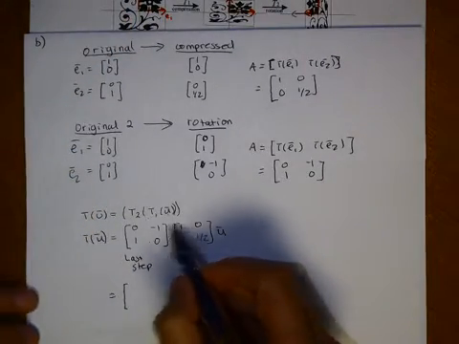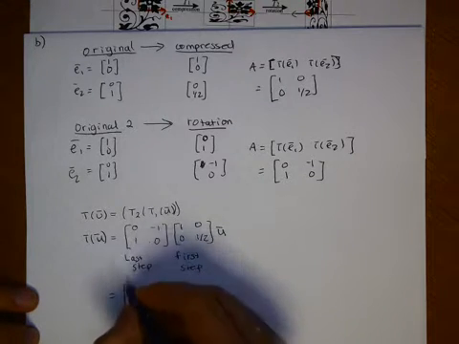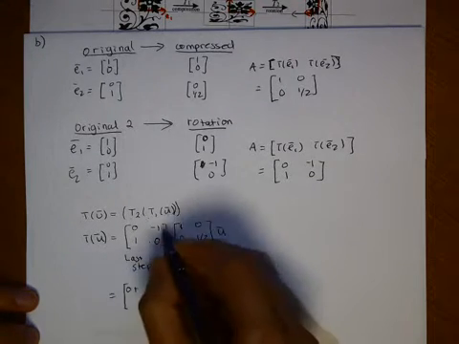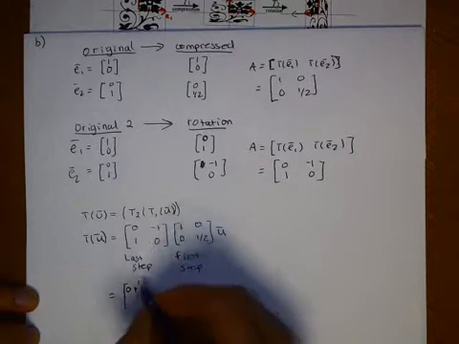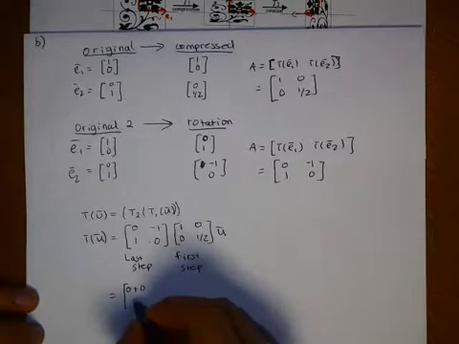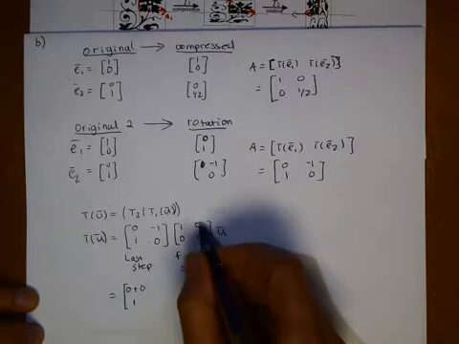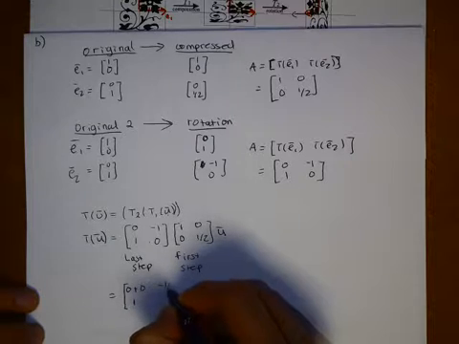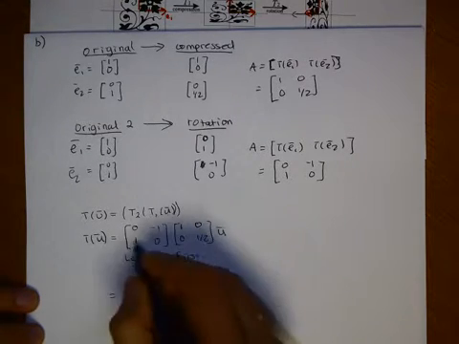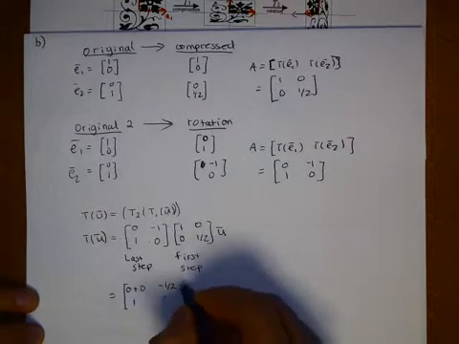So we have 1 times 0 plus 0 times negative 1. Then we do the same thing with the next row. So 1 times 1 plus 0 times 0. Then we take the second column and hit it by the first row. Then we take the second column and hit it by the second row.